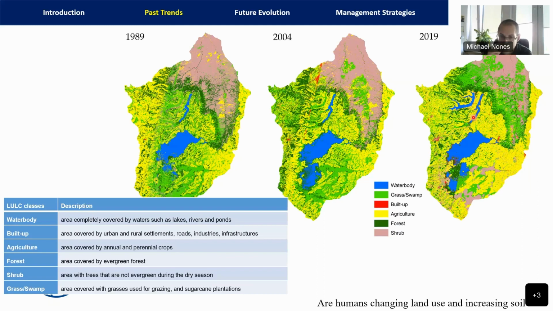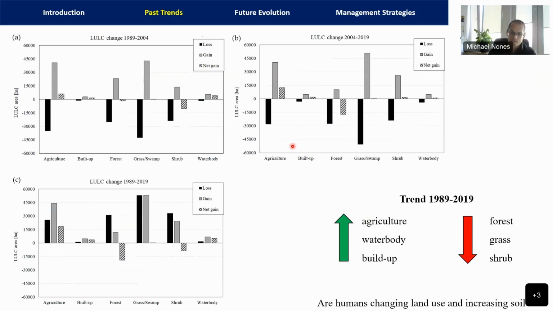industry in this basin. So we can compare those maps looking at the colors, or we can compare them looking at the areas covered by the different land classes. Here, just three important comparisons between the 3 different years. But what is important to notice is that the trend between 89 and 2019 is that areas covered by agricultural fields, water bodies, and built-up areas are increasing over time.